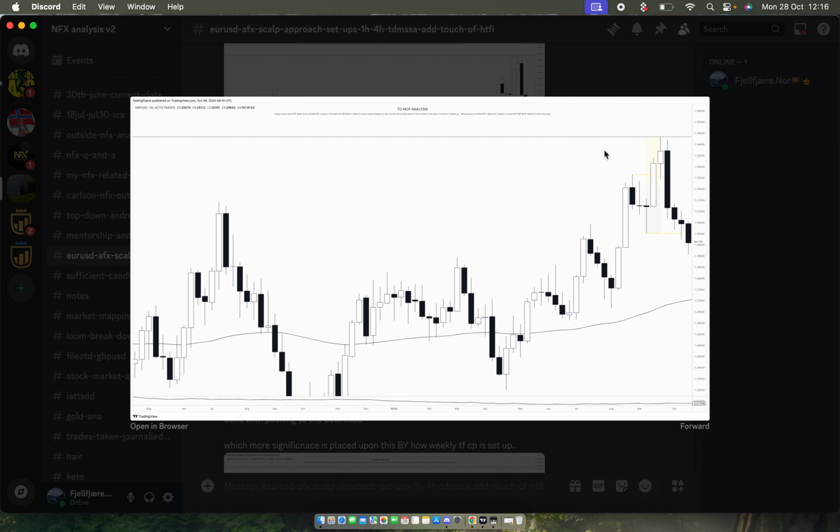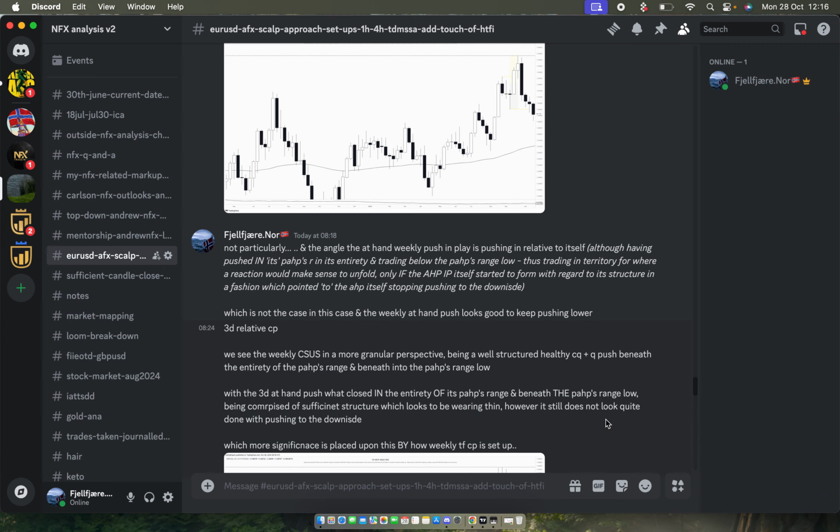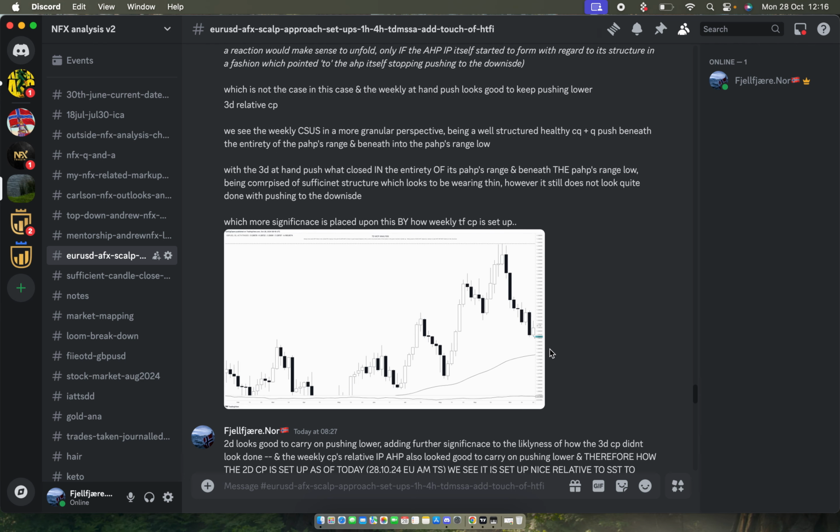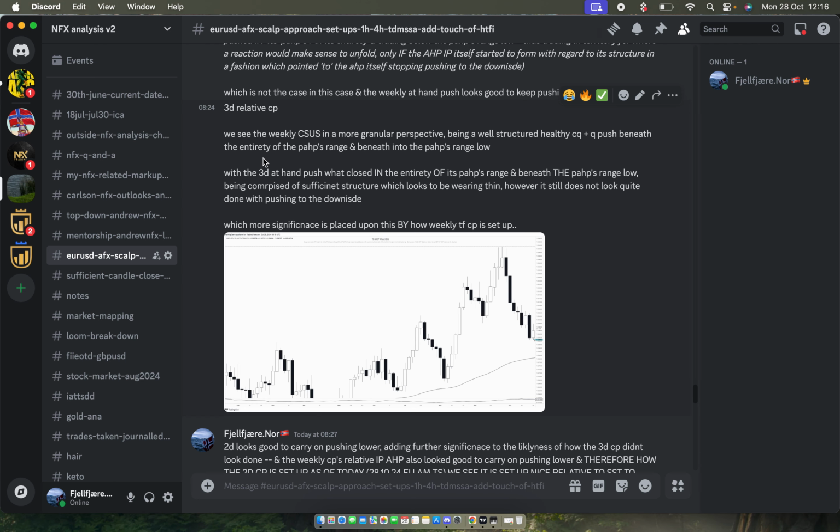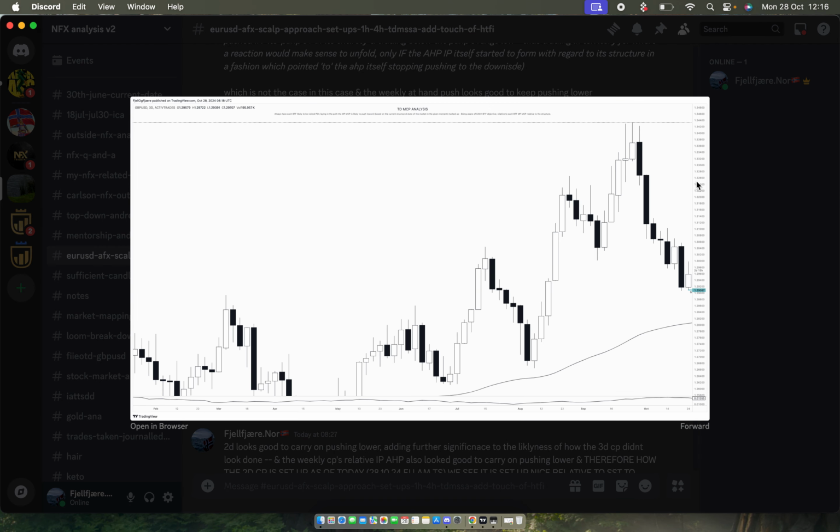Now, is this push structured in a way that would suggest it's done pushing? No. It still looks like there's momentum there to keep pushing. Even though it's in an area where a reaction is likely to take place from, is it likely to? No.